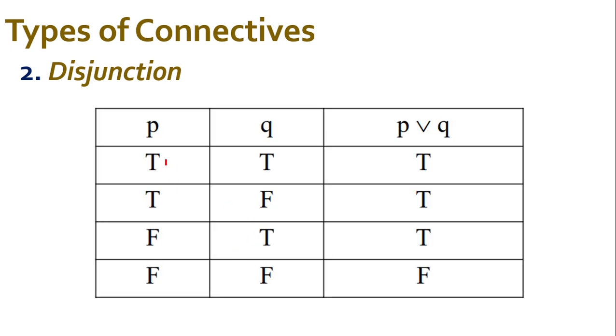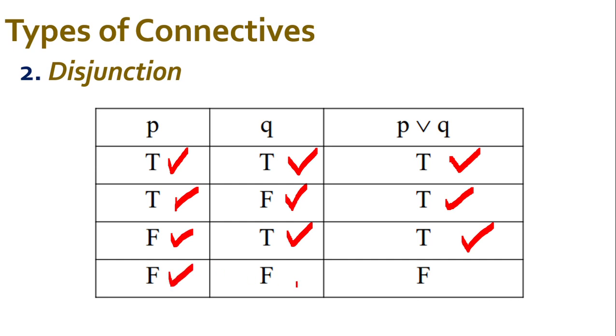Kung P natin ay true, ang Q natin ay true, ang P or Q natin ay true. Pero kung P natin ay true at Q ay false, ang P or Q natin ay true. If our P is false and Q is true, true pa rin ang P or Q natin. If P is false and Q is false, our P or Q is false.